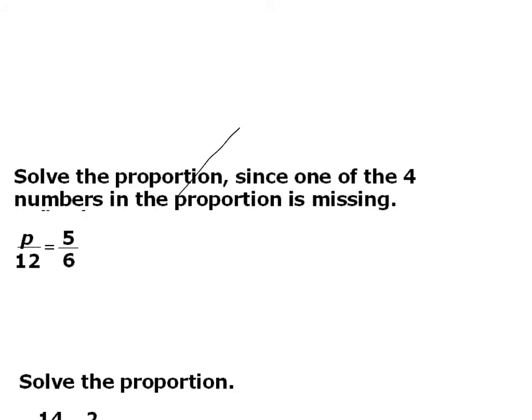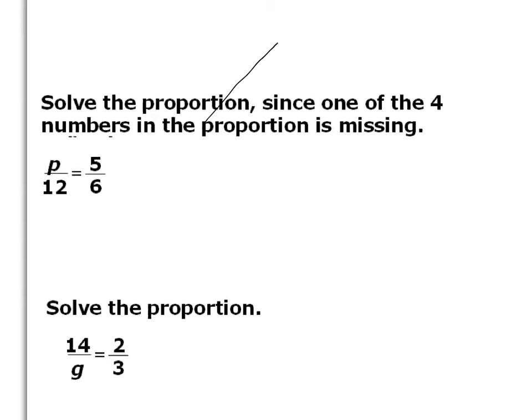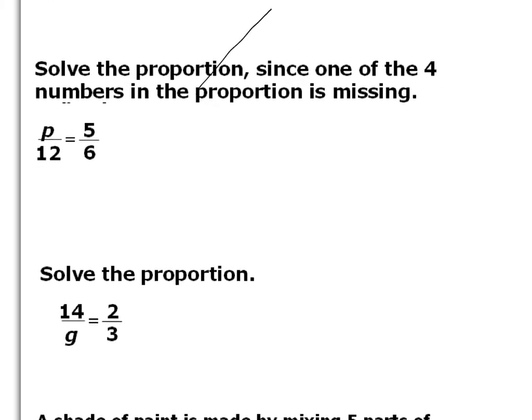All right, so here's the next one. It says solve the proportion since one of the numbers in the proportion is missing. So we're going to still use the concept of cross products. But since they're equal, we're going to set them equal to each other.